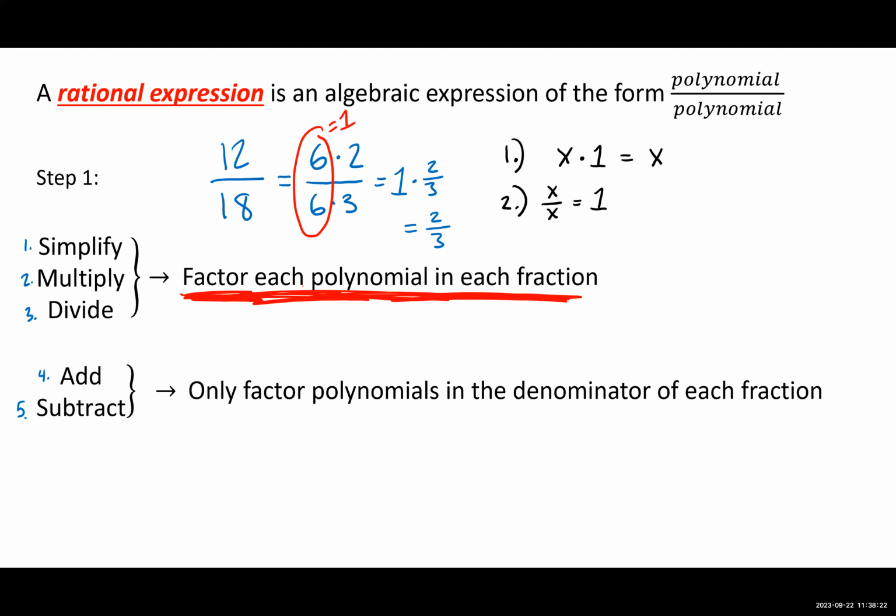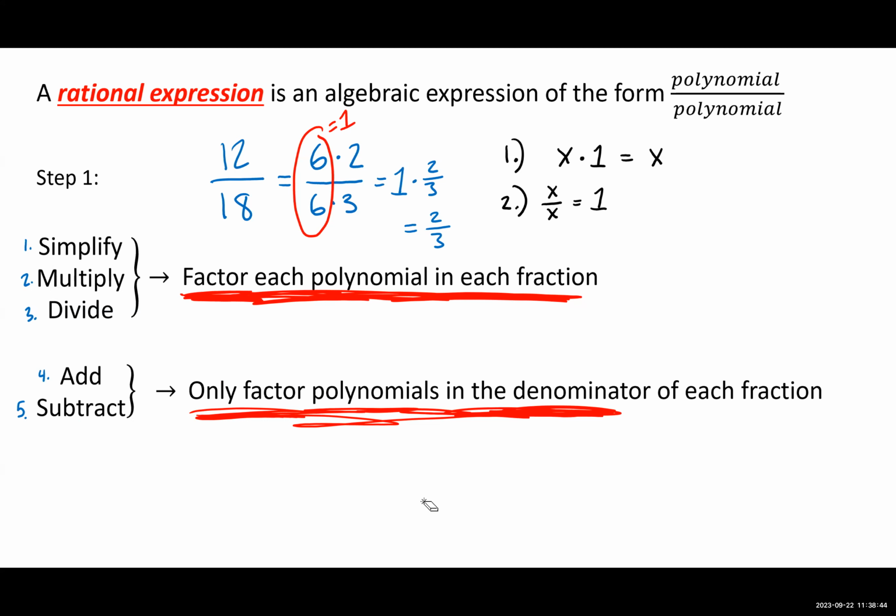You can do that with addition and subtraction, but it's going to add one extra step. So to avoid that, when we're adding or subtracting, we're still going to start the problem off by factoring, but only factor polynomials on the bottom. Only factor polynomials in the denominator. So just factor the polynomials on the bottom.